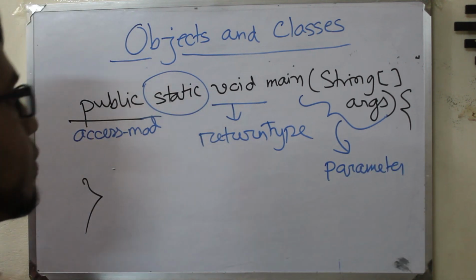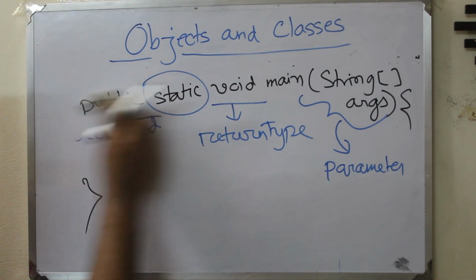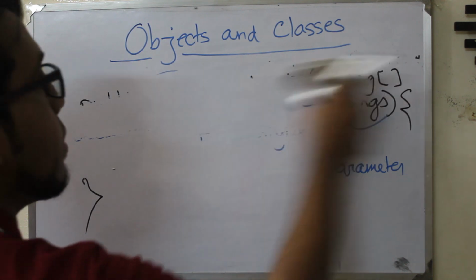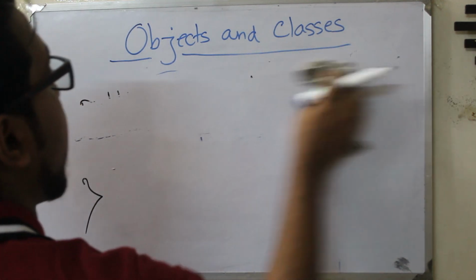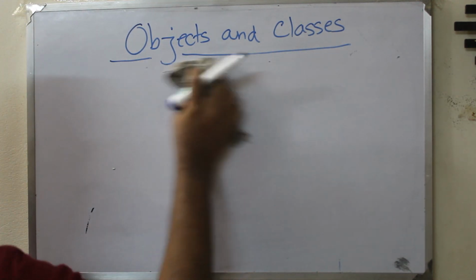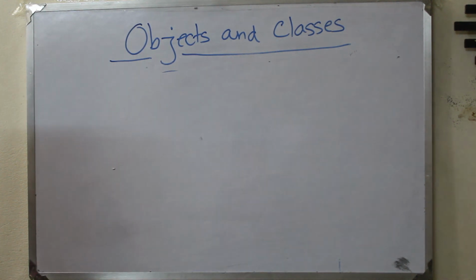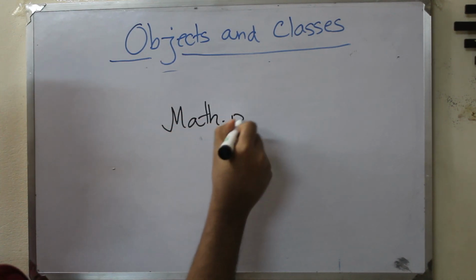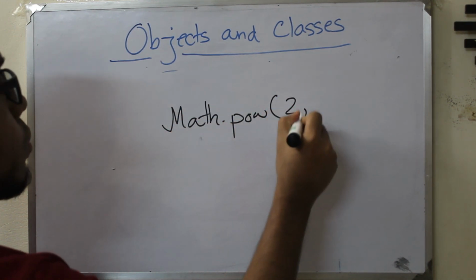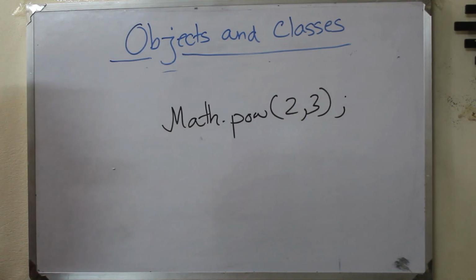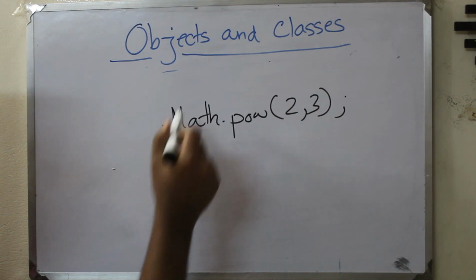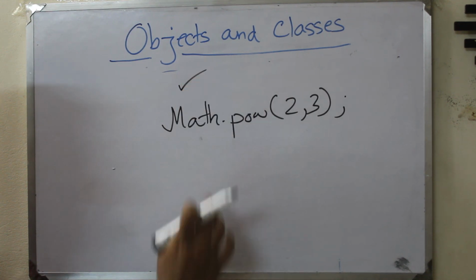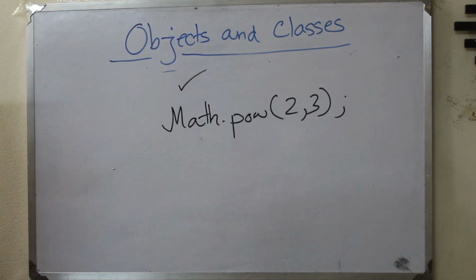So let me give you another example of a method that you've seen. I hope this clears up the confusion about the return type. Let's see another example, like Math.pow(2, 3). This method is inside the class Math, and it calculates a power.